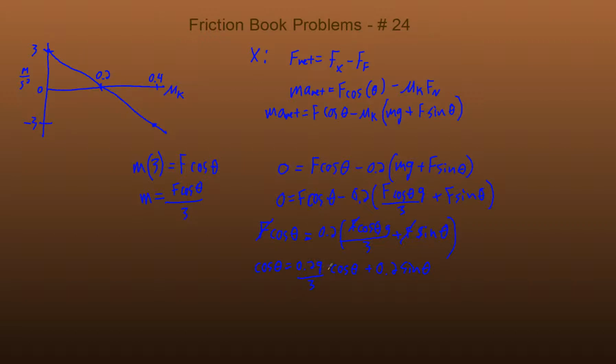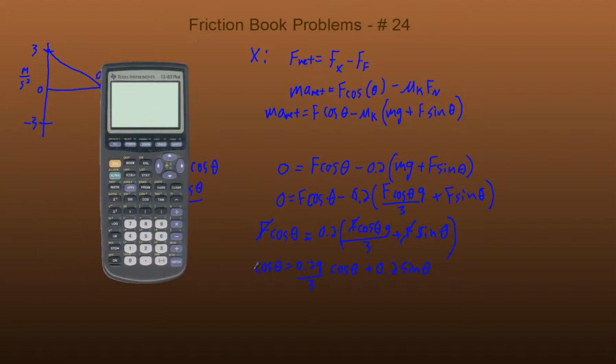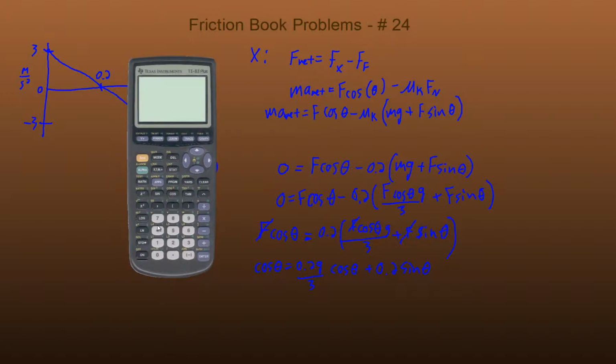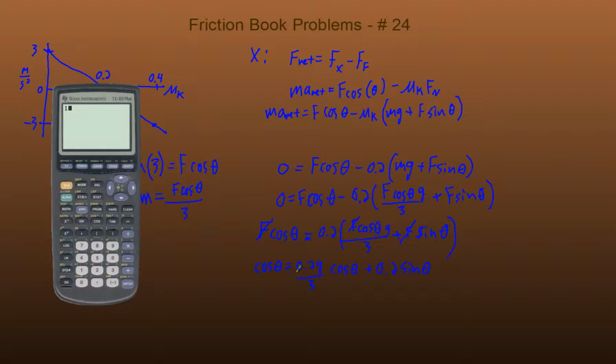Let's combine our cosine thetas, and I'm going to do that in a calculator real quick. This is cosine theta times 1, and this is cosine theta times 0.2 g over 3. So if I subtract this cosine theta over, that's going to be really 1 minus 0.2 times g, which is 9.8, divided by 3.